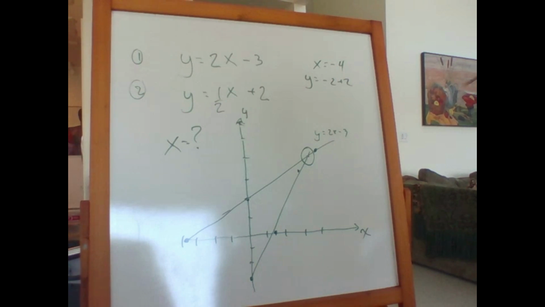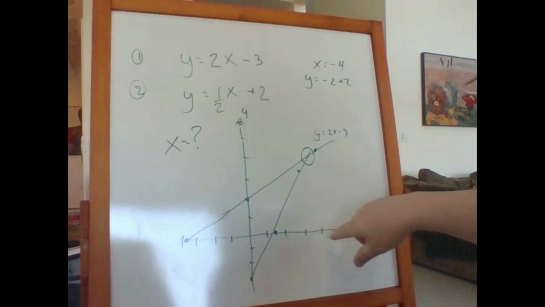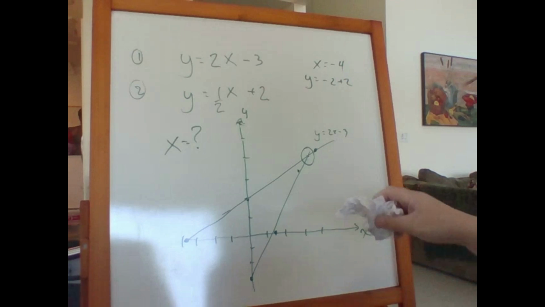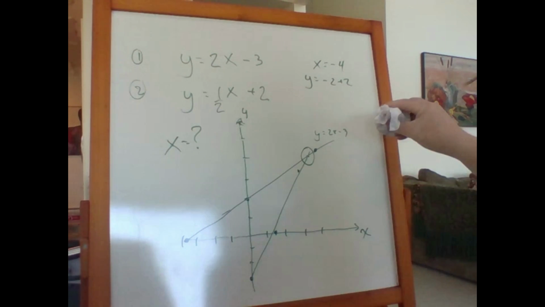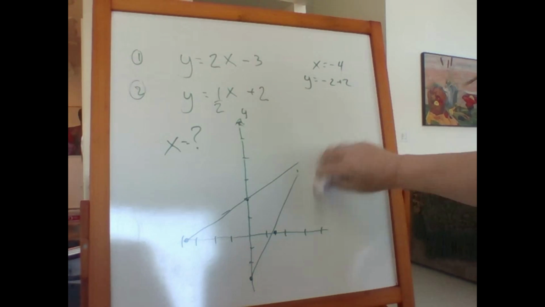Where are they located in space? Because this is a representation of two-dimensional space. And where in space do these two lines meet? That's the question. So we could go about it in an algebraic way.